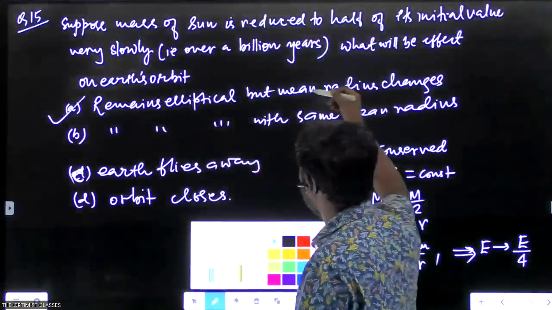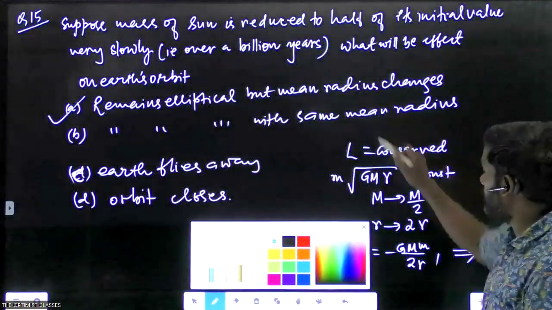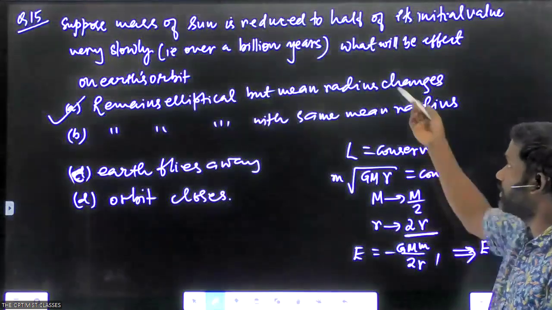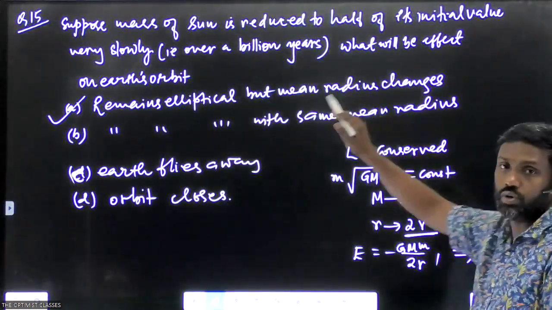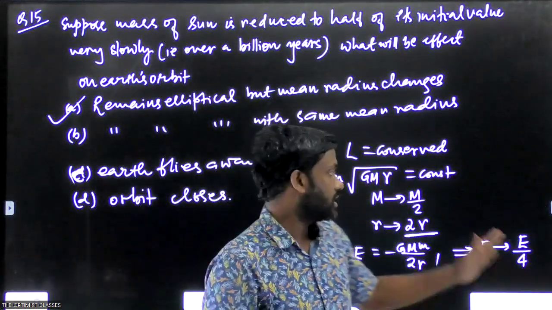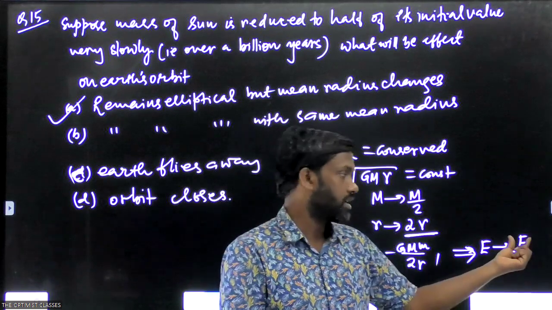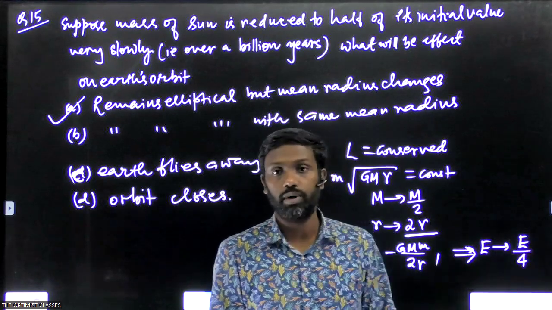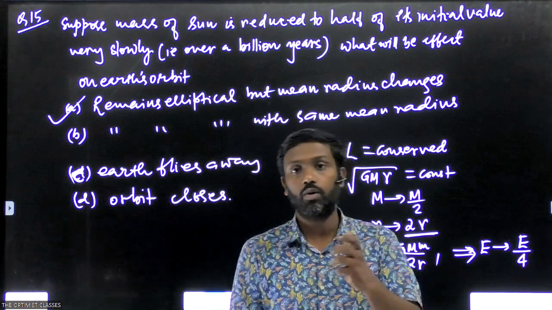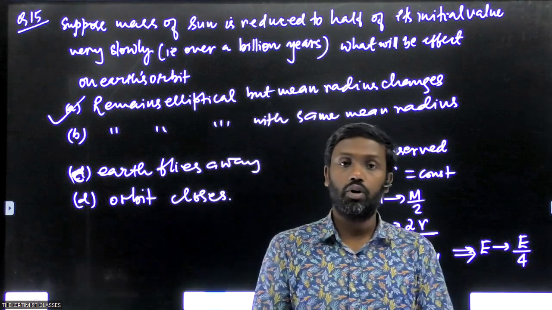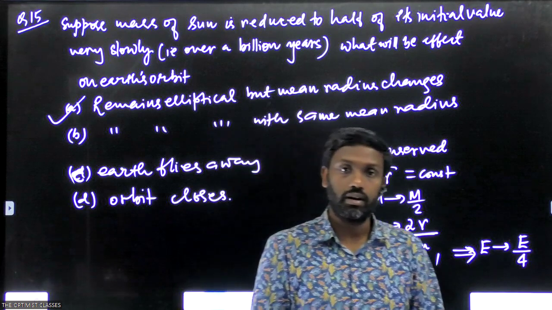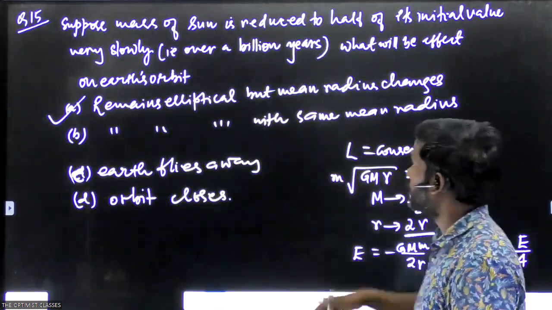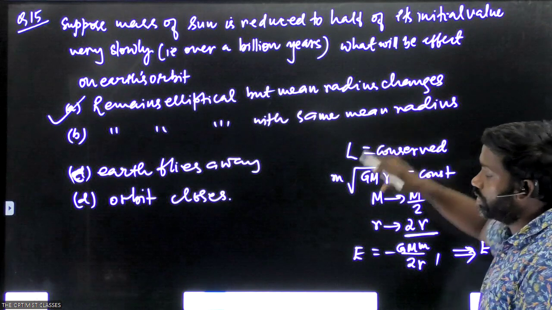But obviously the radius is changing, it is becoming twice of r, so therefore we'll say that the mean radius changes. So the first option should be correct. The initial energy was negative, so the final energy will also remain negative. If the energy is negative, there are only two possible orbits: one is a circular orbit and the other is an elliptical orbit in an inverse square force. So therefore, the first option should be the only correct option.